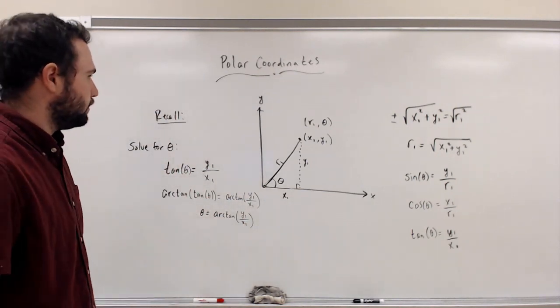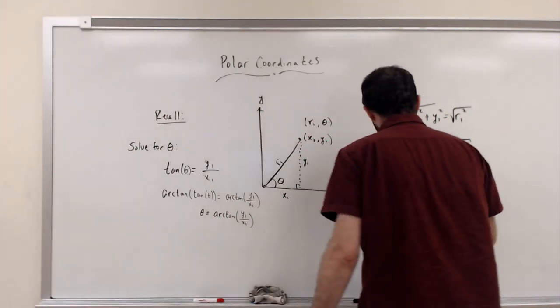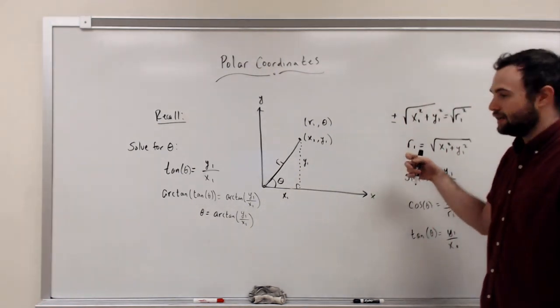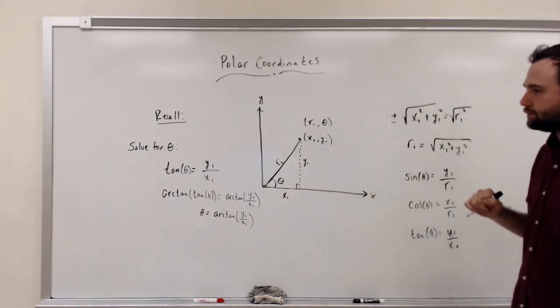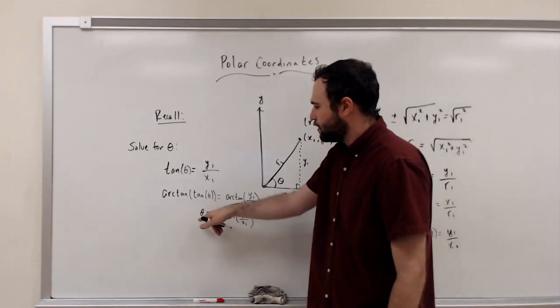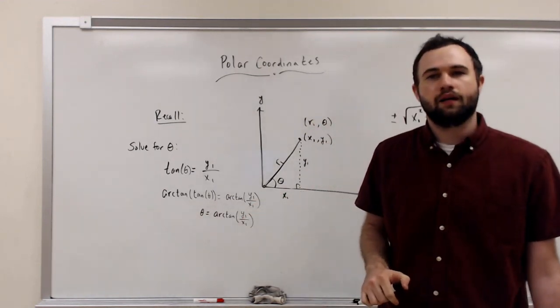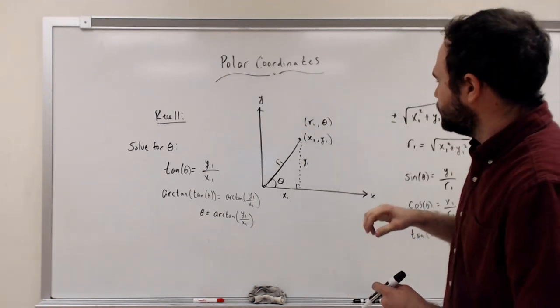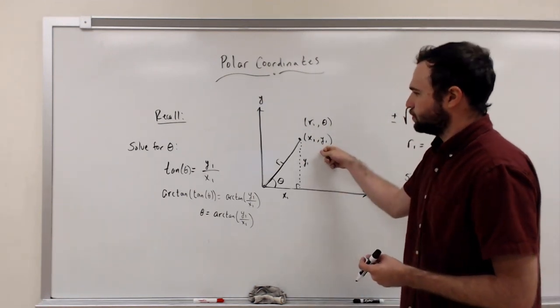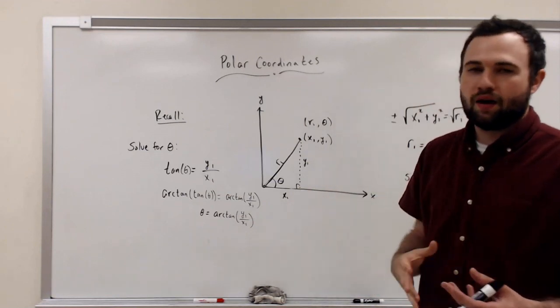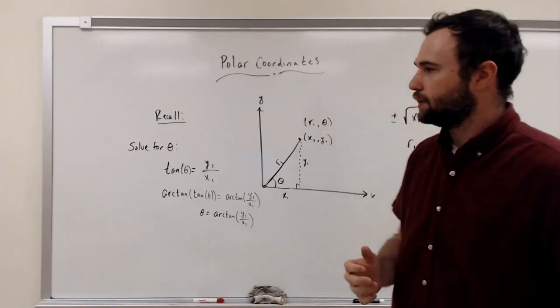We figured out over here what the radius was given a rectangular coordinate. And over here, we're actually able to figure out theta given this rectangular coordinate. Now, again, you have to be careful. You have to remember, okay, where's my rectangular coordinate? Because in trig, you have these values pop up all over the place.